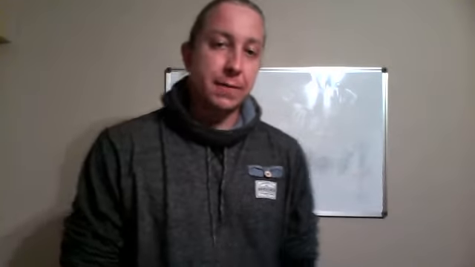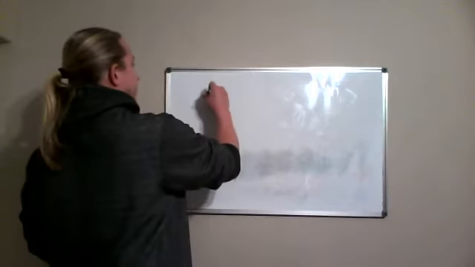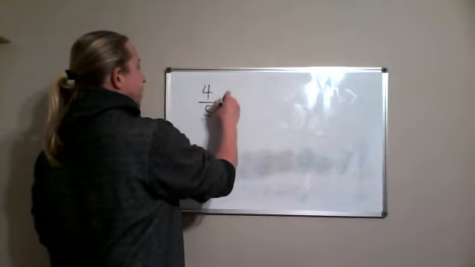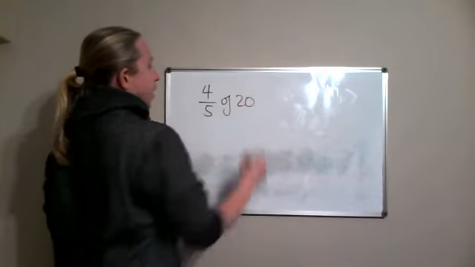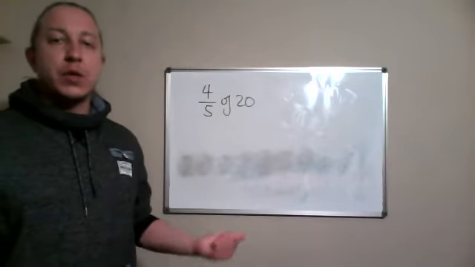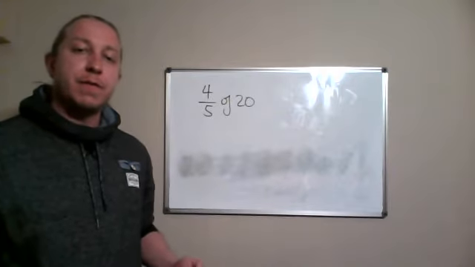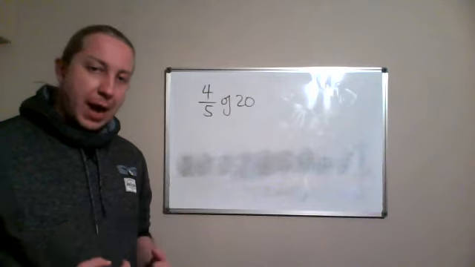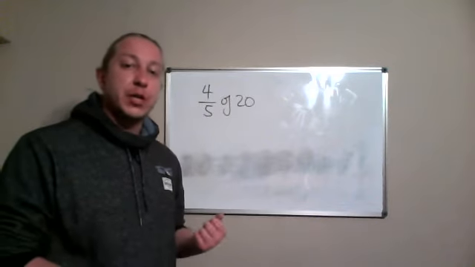So she had a pack of 20 crayons, she has 4/5 left of those crayons, and she wants to know how many are missing. So let's first find out what is 4/5 of 20. Remember, that's what the word problem really says. Find 4/5 of 20. That's what she has, and then we're going to find out what she's missing.